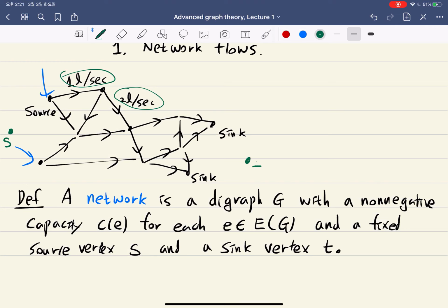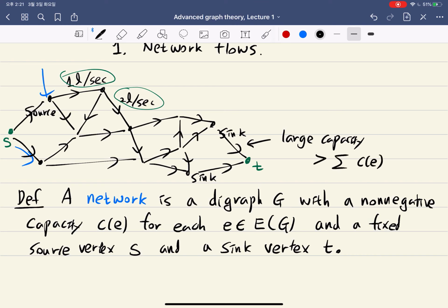So this is S and T, and then you add these two edges, and give them a large capacity greater than the sum of all the other capacities in the original network. And then you consider this as the only source, and this as the only sink.